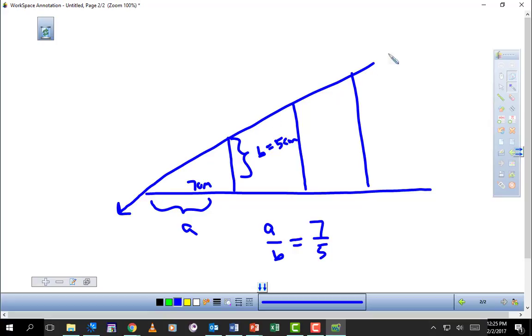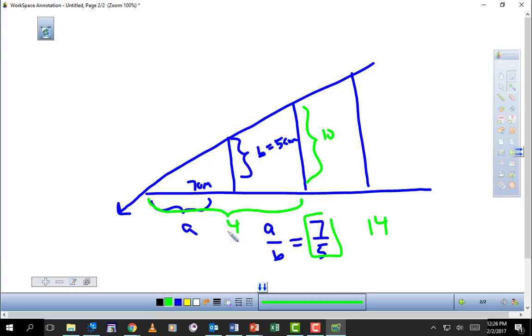I don't know if you've ever done this before, but if you measure this length now, it's going to have the same exact ratio that you had before. For example, this length here might be 14, and that length there might be 10. When you divide this, you get 7 over 5 again.